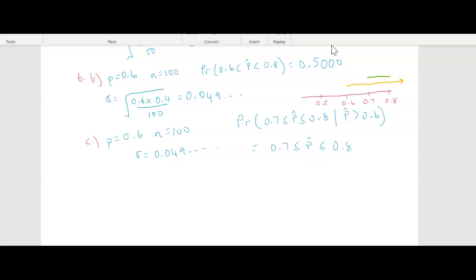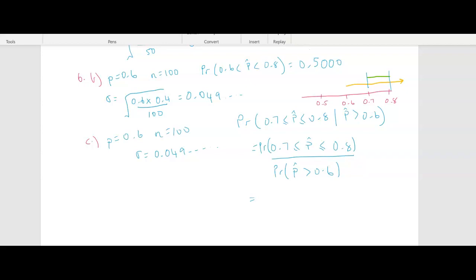All right, so what do they have in common? Just that green section here. So that is what goes on our numerator. And then we're dividing by our condition. So P is greater than 0.6. And I should put my probabilities in there.